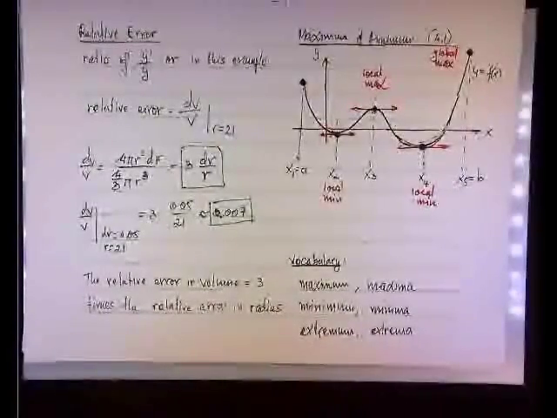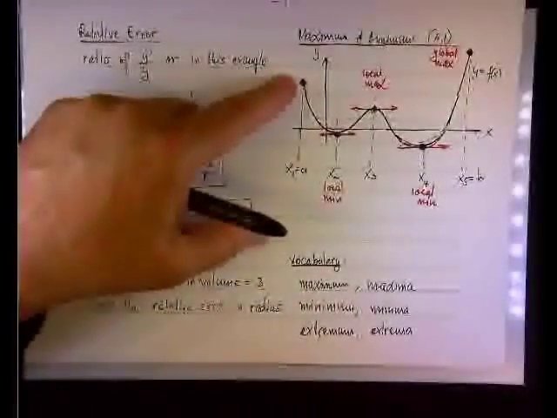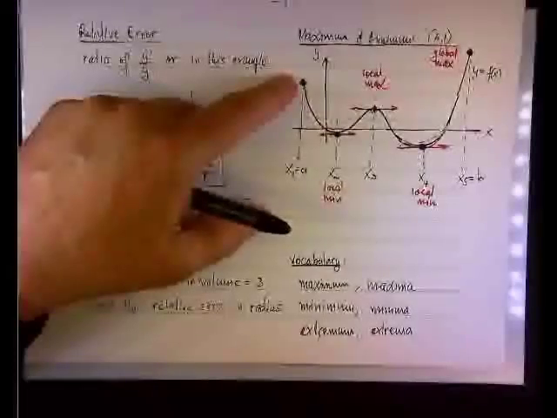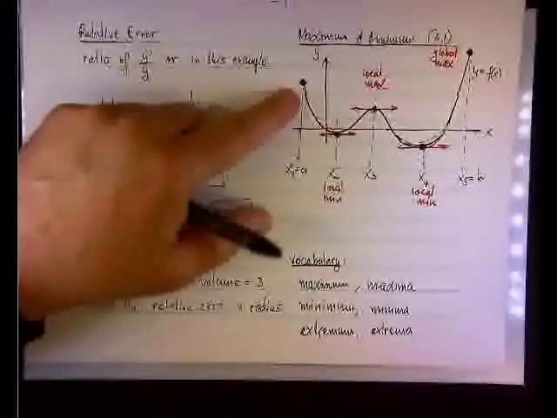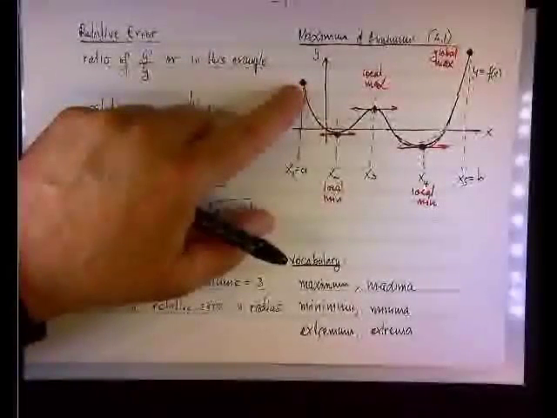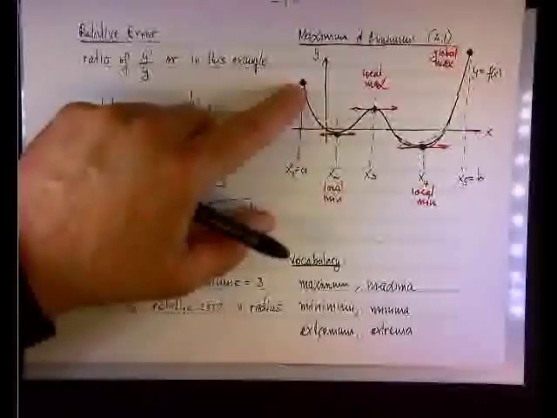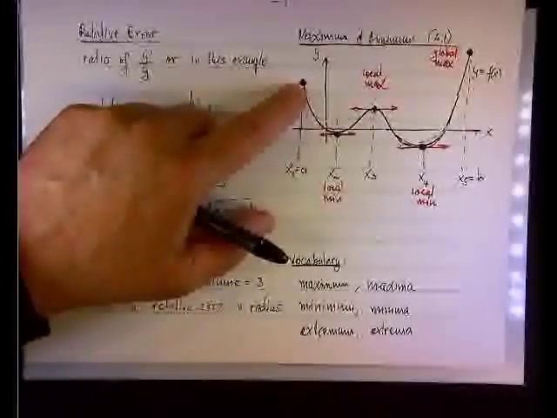What about this point right there at x1? Does it play any role? Is this a local maximum or global maximum or global minimum or local minimum? Well, it's neither. It's not a minimum to begin with because the points in the vicinity of x1 are less than f of x1.